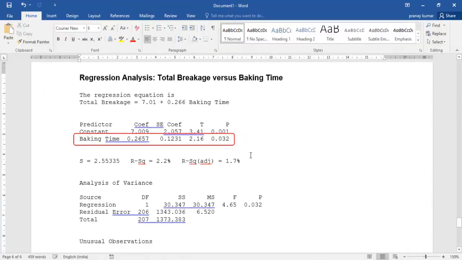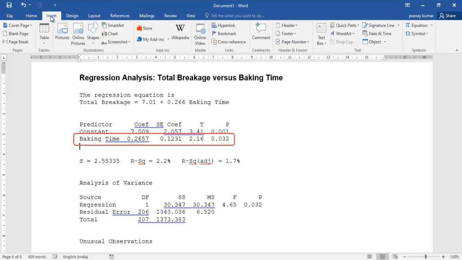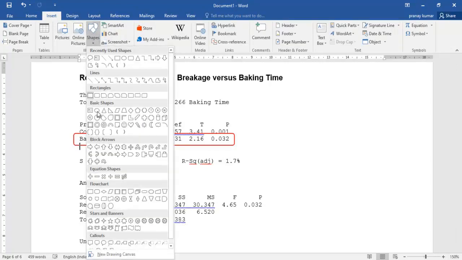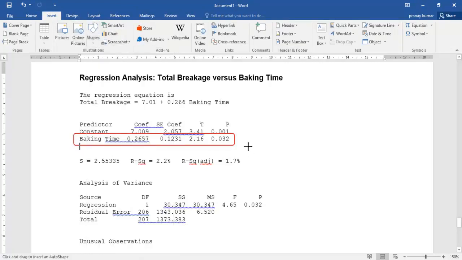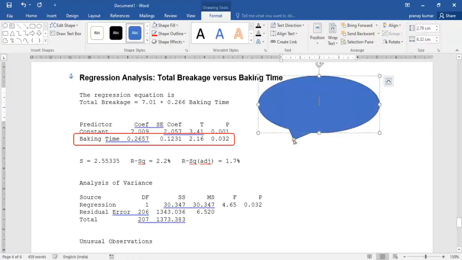Here you can clearly see that my p-value is 0.032. इसका inference हमने draw करा that as p-value is less than 0.05, HA is true. Correct, everyone?